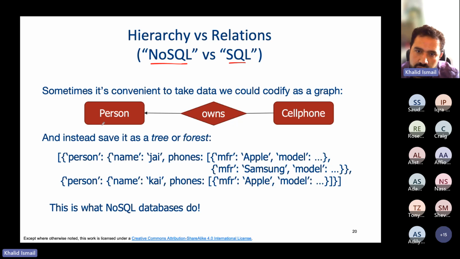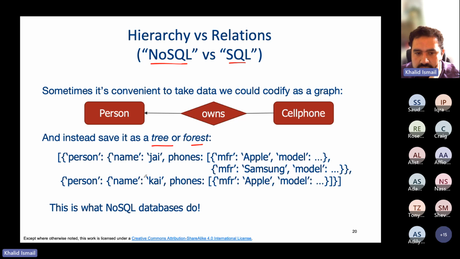Sometimes it's convenient to model data as a graph. For example, a person owns cell phones. So instead of having the data this way, such as entity relationship, we can save it as a tree or a forest.